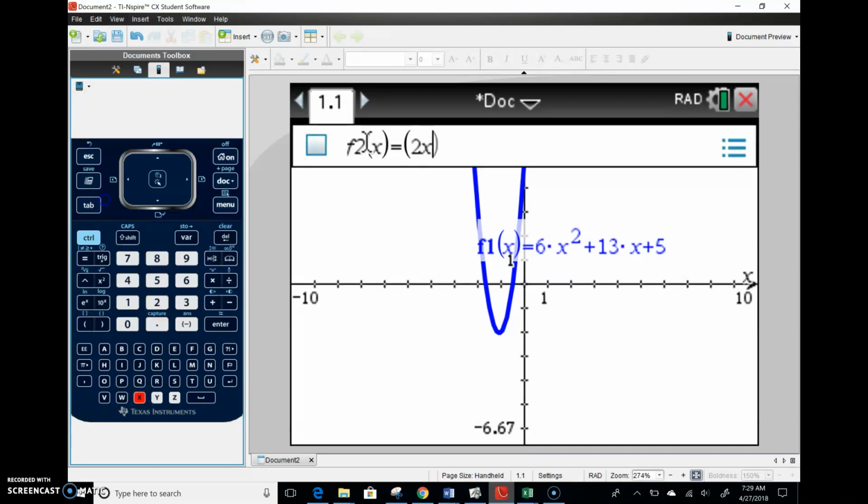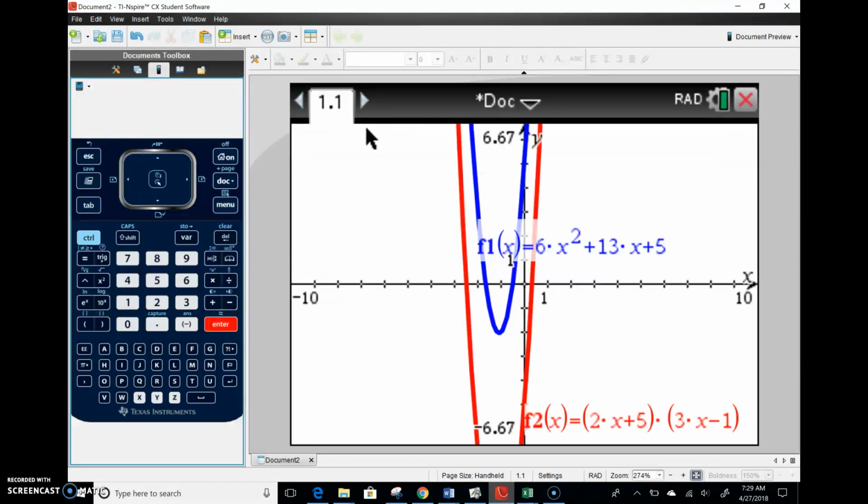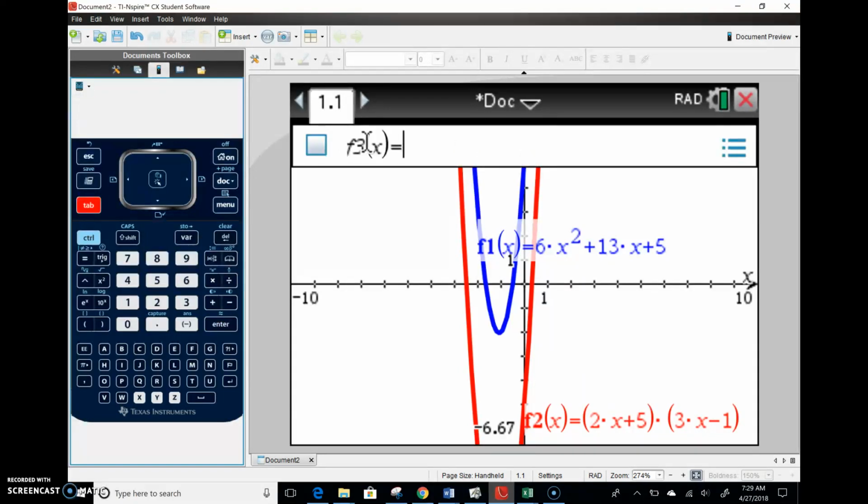Parentheses 2x plus 5, close parentheses, 3x minus 1. Enter. You see that's not the same. And I'm going to graph C because I know that's the answer, just to show you that all you have to do is find the right one.